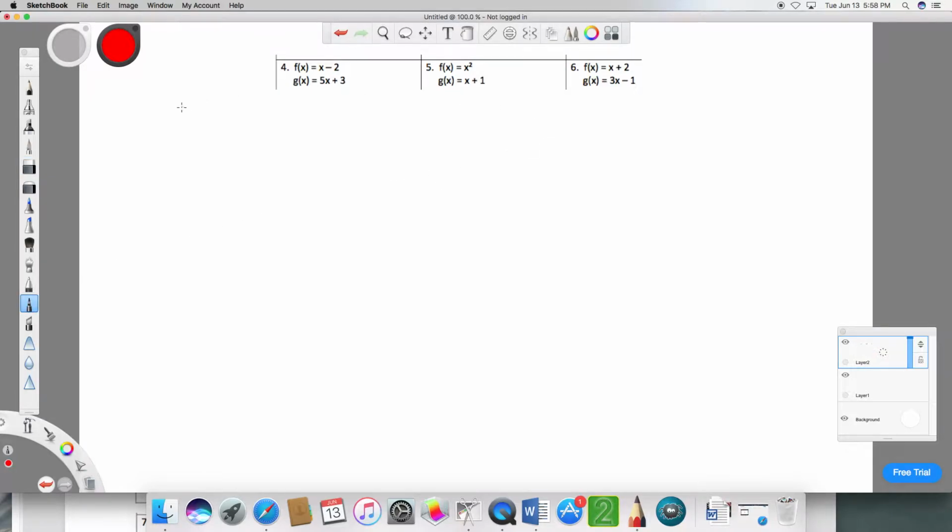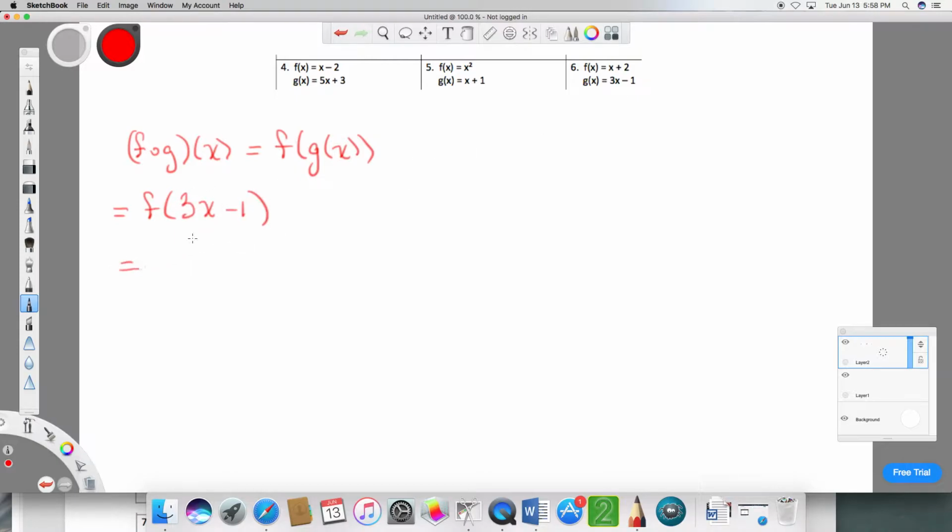All right, for the last one, let's find F composed with G of X, or F composed with G. G is 3x minus 1.